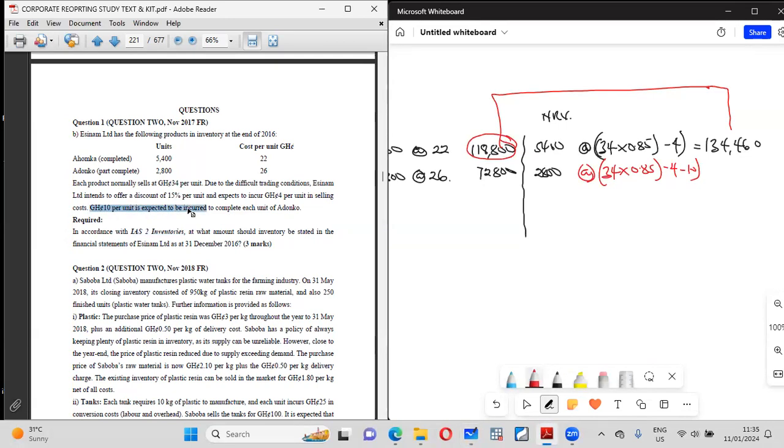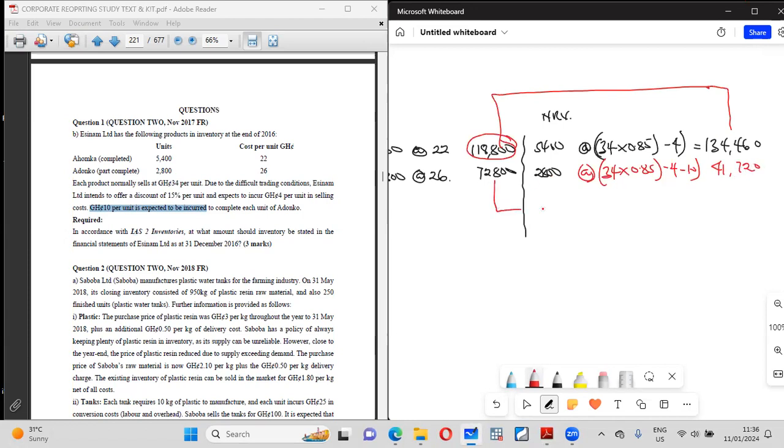And that in 10, if you do that, you will get 14.9. And if you multiply the 14.9 by 2,800, what you'll be getting is 41,720. So that is it.